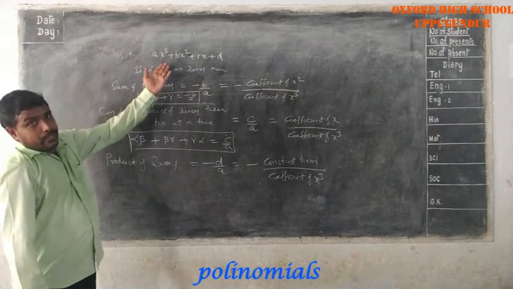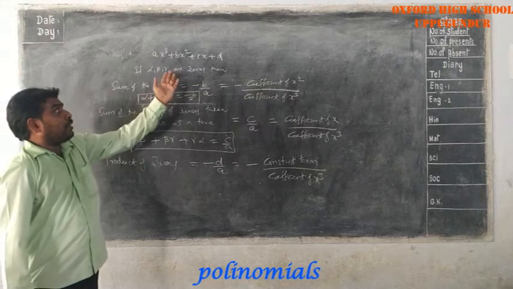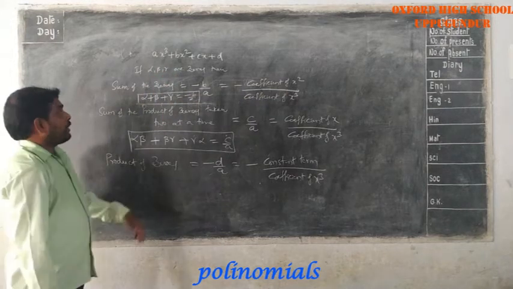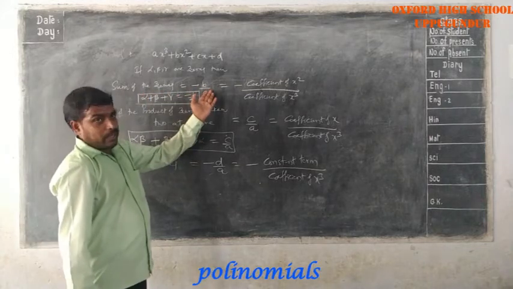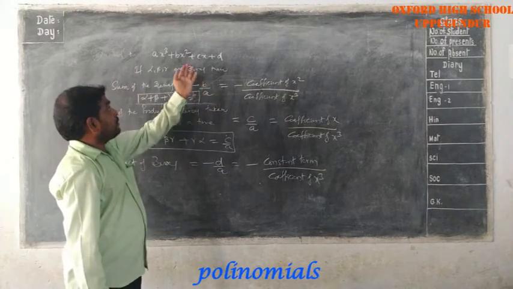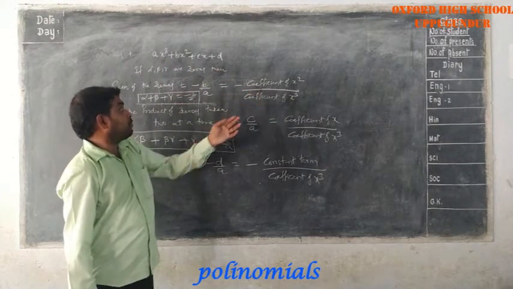So if they give any cubic polynomial, and alpha, beta, gamma are the zeros, to find the sum of the zeros, the formula is minus b by a. So minus b means minus coefficient of x square by coefficient of x cube.